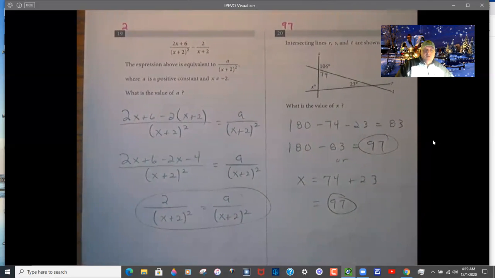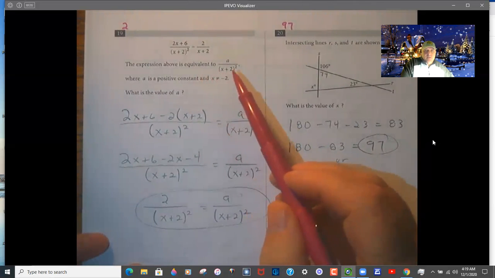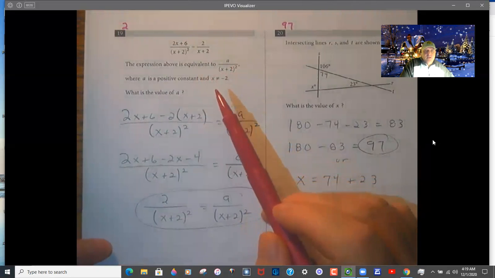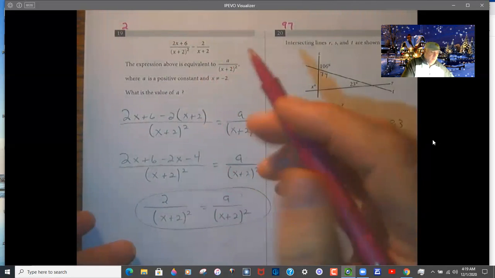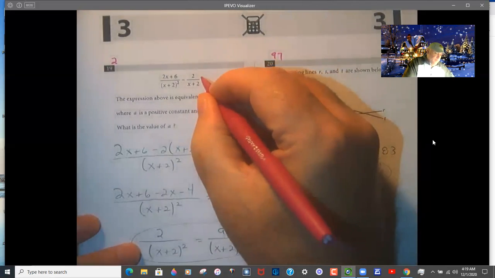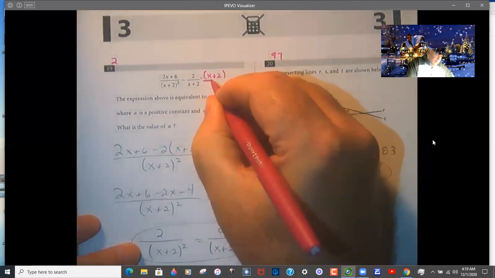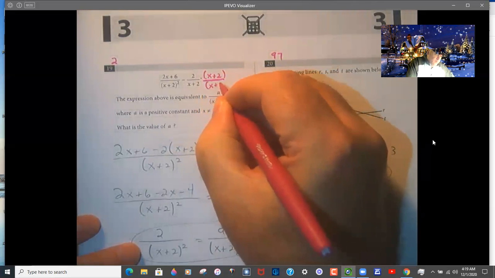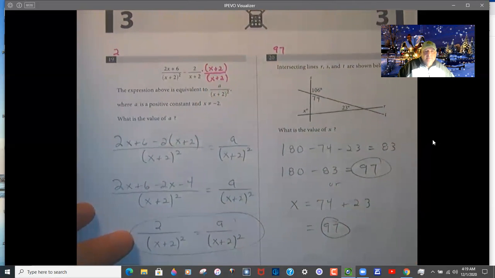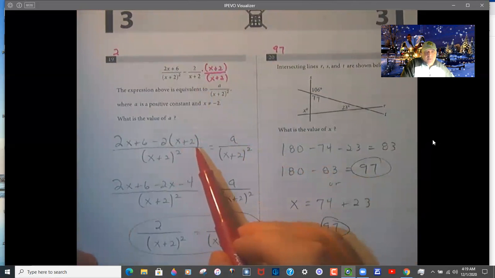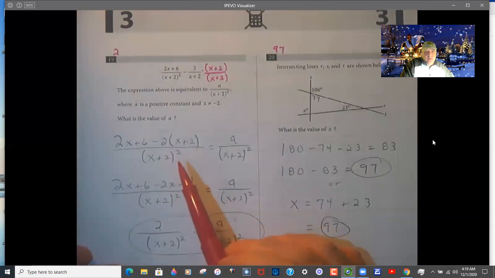All right, so the above expression is equivalent to this, where a is some positive constant and x does not equal -2. So what you're doing is you're multiplying top to get a common denominator, you're multiplying top and bottom by x plus 2, the quantity. And so this 2 will distribute up here when you do this.